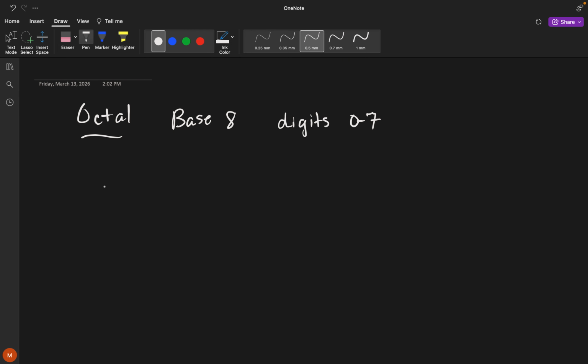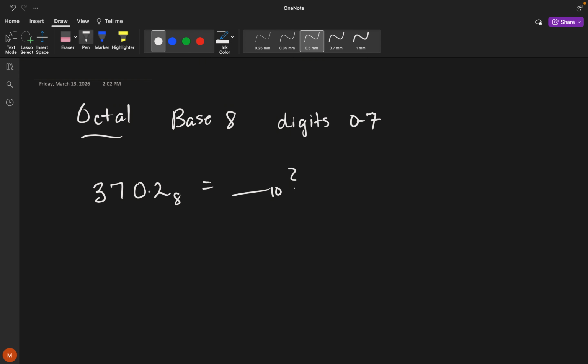And just to remember, all of these number systems work the same way. So again, we can't go over 7 in the digits. So what if we had a number like 3, 7, 0, 2 in base 8? What is that in decimal?